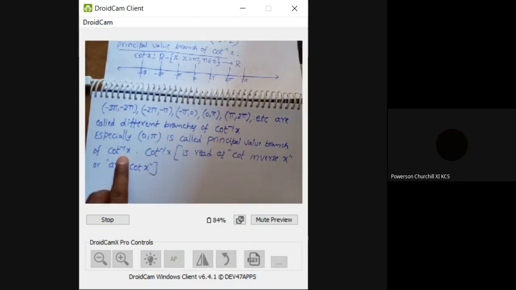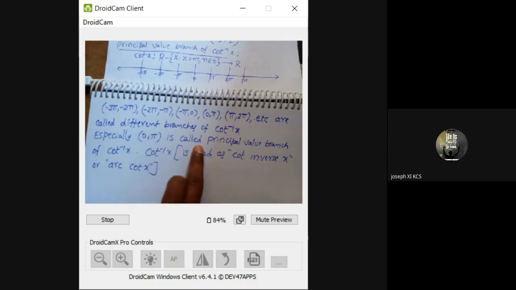It is read as cot inverse x or arc cot x. Very good. Joseph. Open interval of 0 comma pi is called principal value branch of cot inverse x. Cot inverse x is read as cot inverse x or arc cot x, sir.